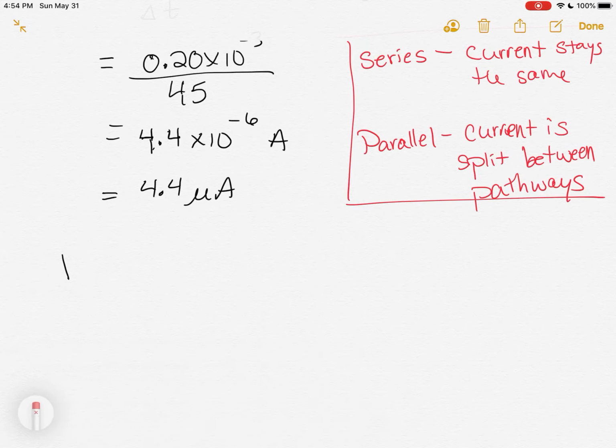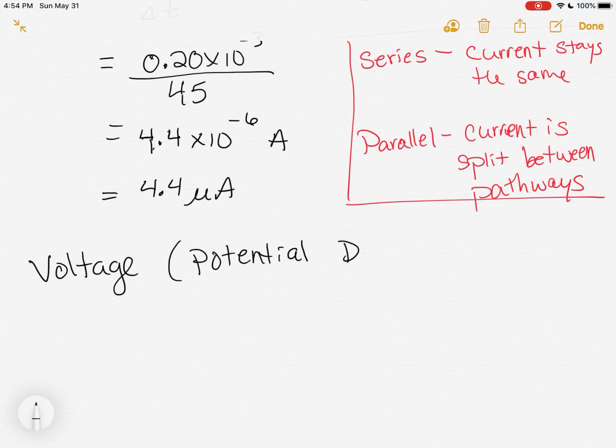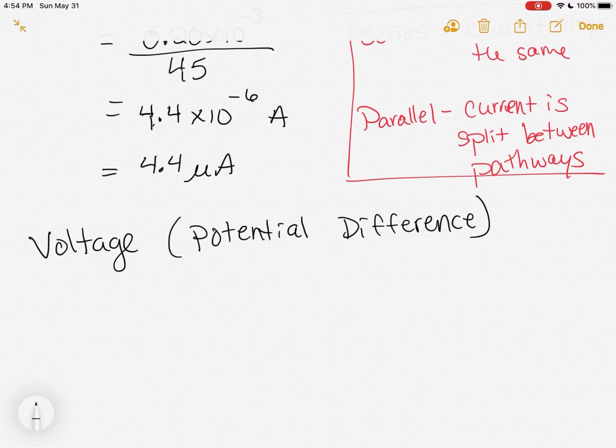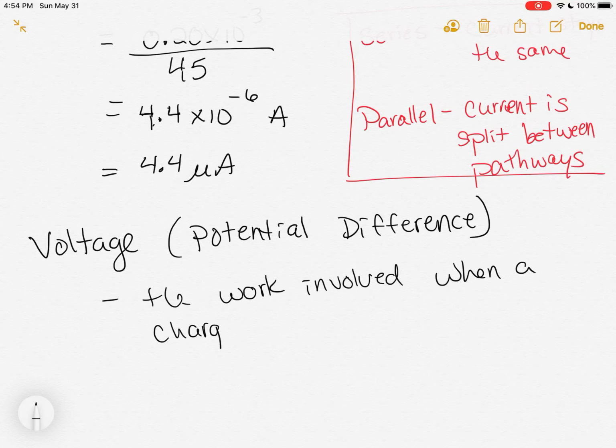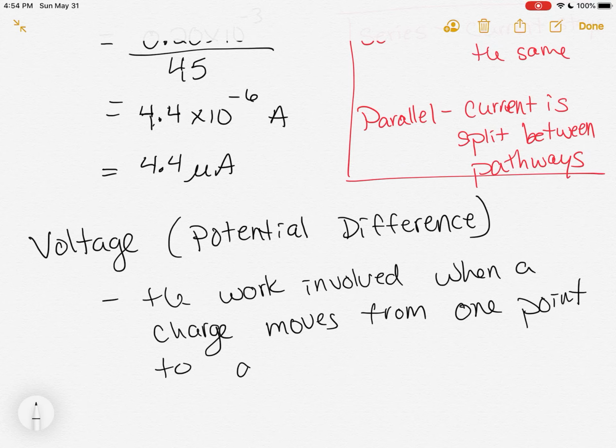Okay, so we're ready to talk about voltage. Voltage is also called potential difference. Okay, and voltage is essentially the work involved when a charge moves from one point to another.